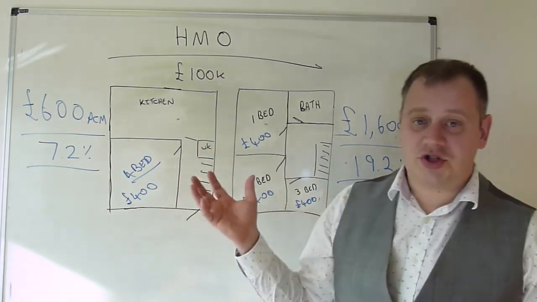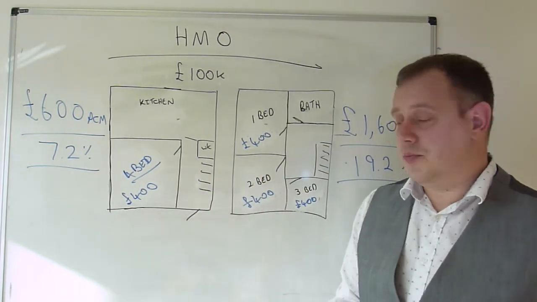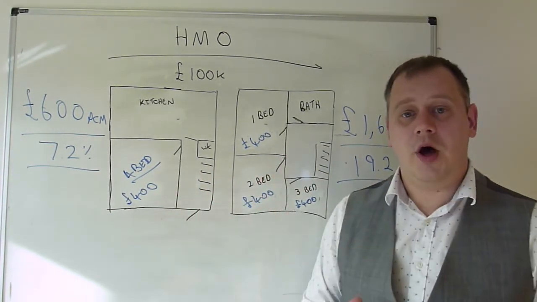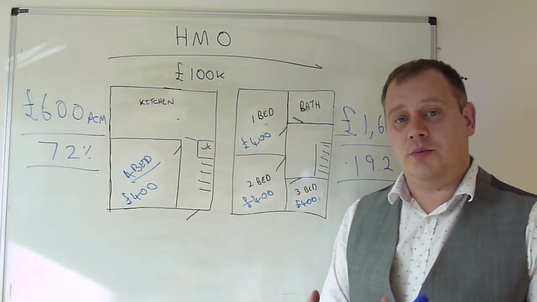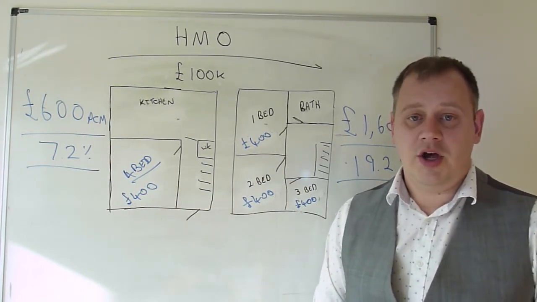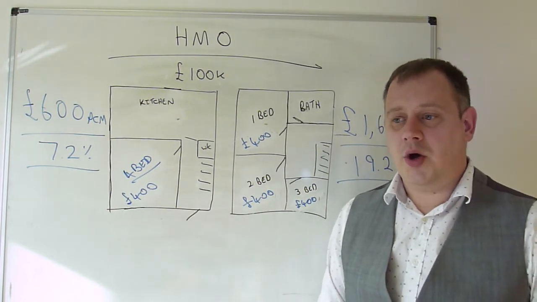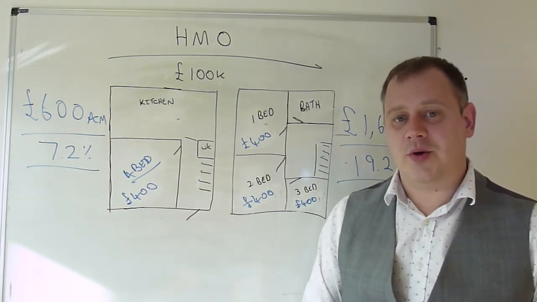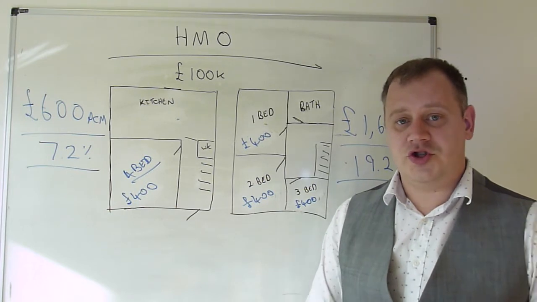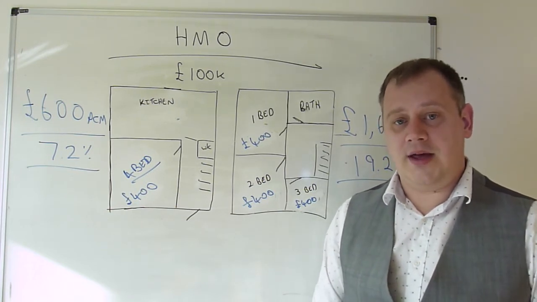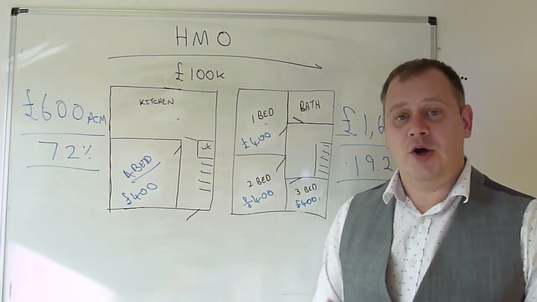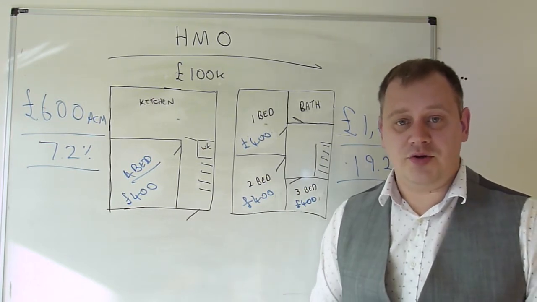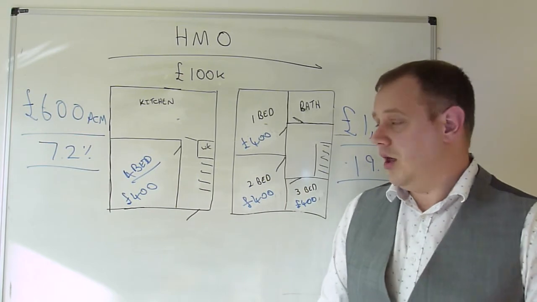Now, that scenario can still take effect in a HMO, but as long as 1 or 2 of them are paying their monthly commitments, you are at least covering your mortgage and your utility bills. So you're cost neutral. Whatever issue it is with the 1 or 2 tenants that are not paying, you are keeping the cost neutral and you're just losing profit, which is better than losing money with a single tenant.